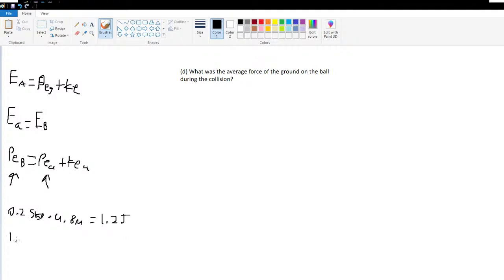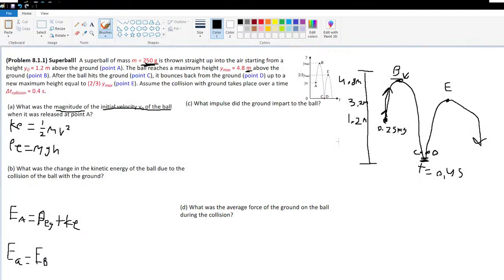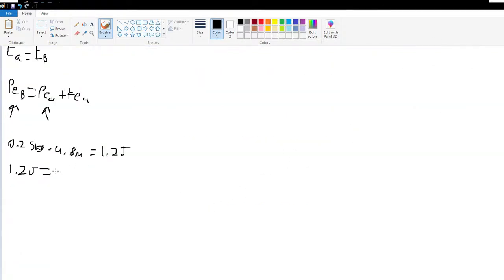So now we can say that 1.2 joules is equal to the potential energy at A, which is 0.25 times 1.2, so 0.3, plus the kinetic energy at A.